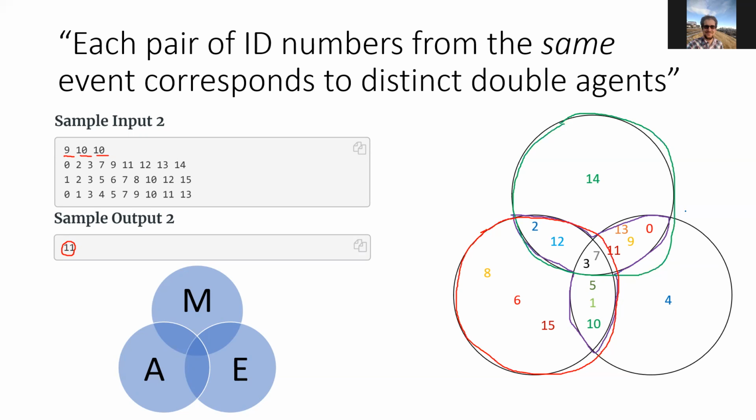And this evening group also has to correspond to all different colors, or all distinct double agents. And basically what I'm saying is that this purple group, which is starting to be a little bit hard to see, of all the IDs that showed up at least twice, must correspond to all different colors, or to distinct double agents.